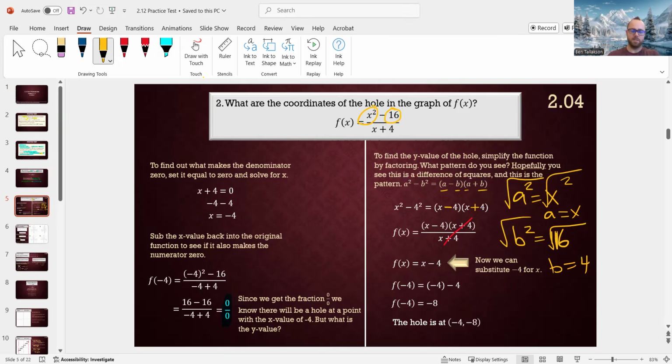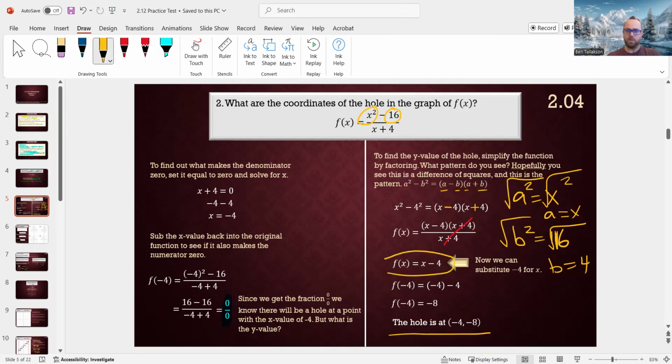Okay, at this point, finally, we can substitute that x value we found for the hole back into this function to find the y value of the point on the graph where the hole is. Okay, so we find the y value of -8. So our hole is at -4, -8. We have answered the question.